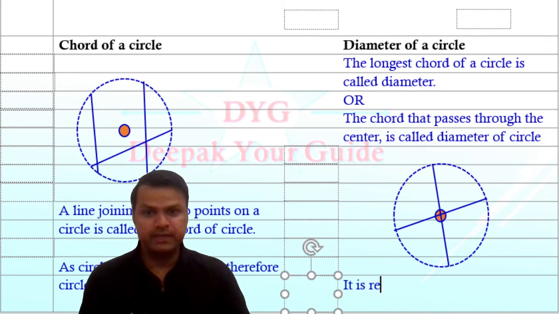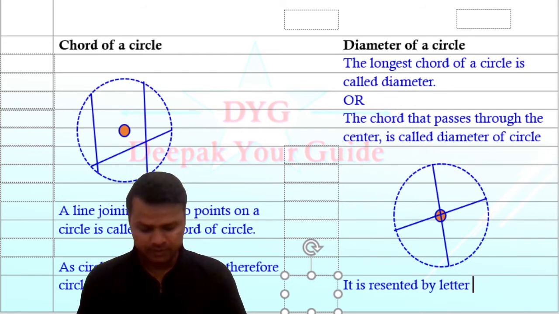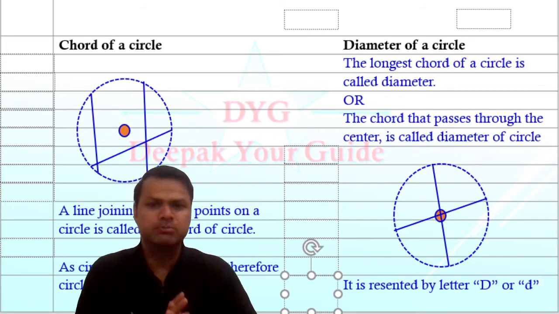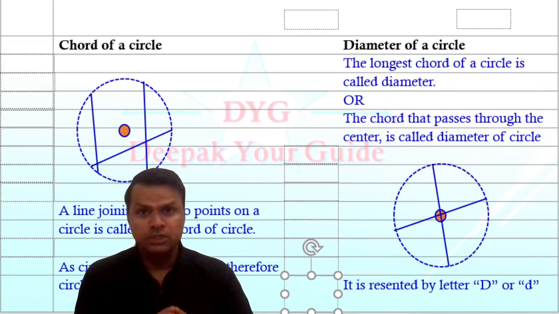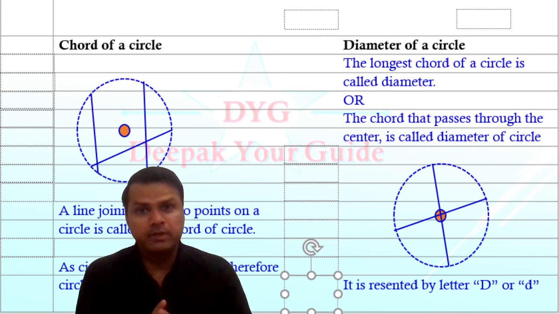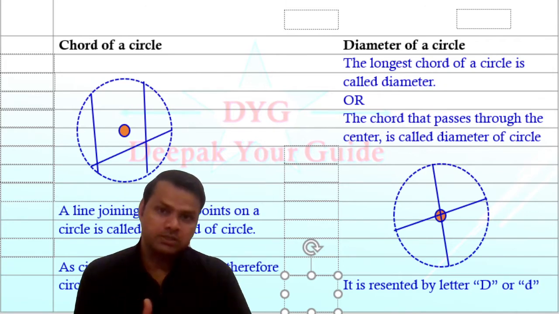So it is represented by a letter. Now, in some books you may see capital D, or in some books we may see small d also. So both are acceptable. So diameter can be represented by capital D also, or by small d also. So that is what the diameter of a circle is.